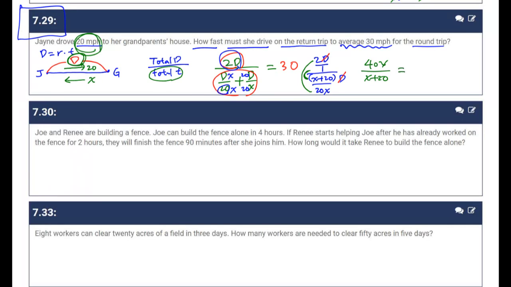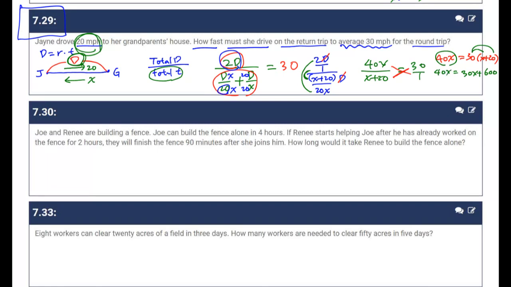Now, that should equal what? 30, which is the same thing as 30 over 1. So if I do cross multiply, 40x times 1, which is 40x, should equal 30 times x plus 20, right? And if I distribute it, it will be 30x plus 600 should equal 40x on the left side.